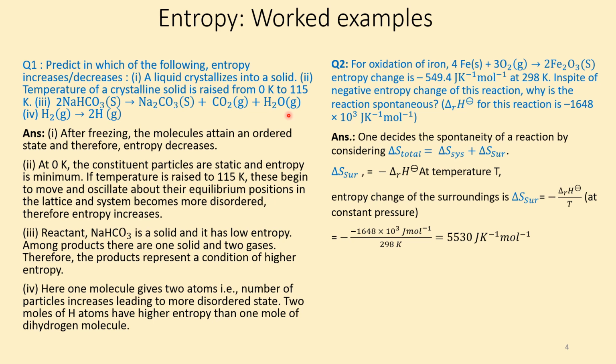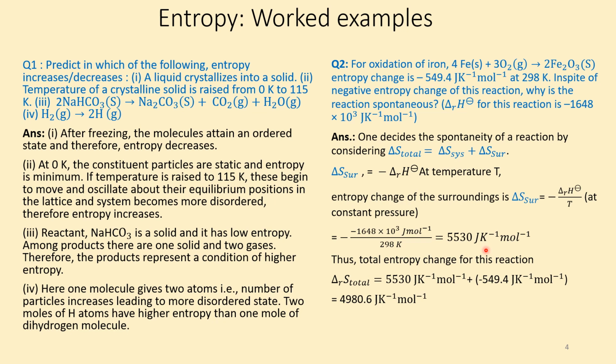Therefore, substituting the values, delta rH naught is minus 1648 into 10 to the power of 3 joules per mole as given in the question, divided by 298 Kelvin. Simplifying, we get the answer as 5530 joules per Kelvin per mole.